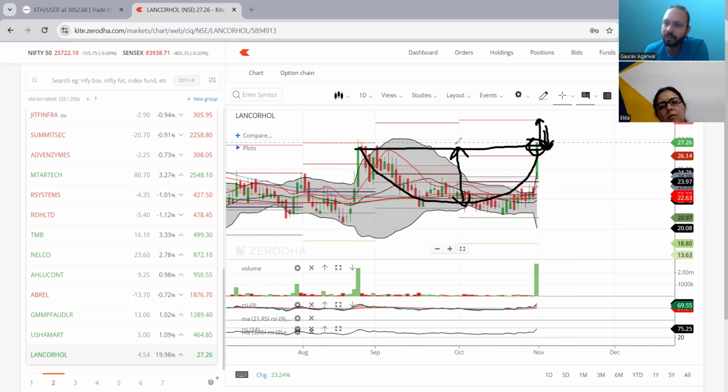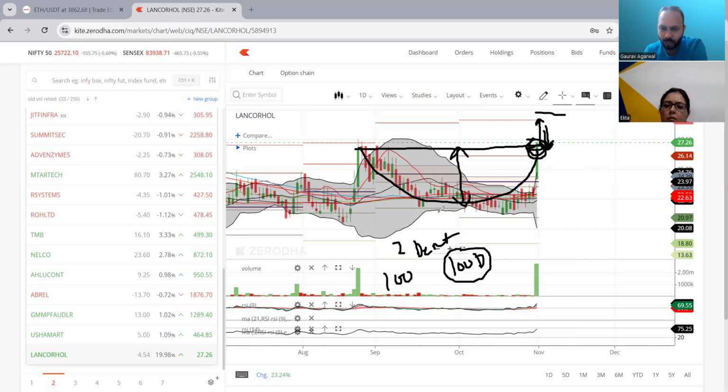What I do with these kinds of stocks is buy into two demat accounts. Let's say 100 quantity in one demat account and 100 quantity in a different one. Once it goes here, I sold 100 quantities, and the other 100 I am still holding. I will sell those once I get another 20% from here.